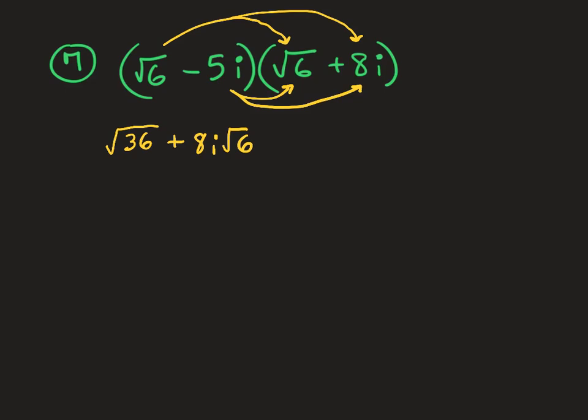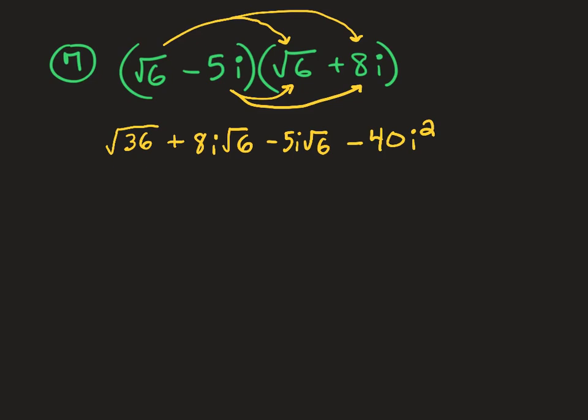Then in the middle, negative 5i times square root of 6 is going to be negative 5i square root of 6, just butting them up against each other. And then lastly, negative 5i times positive 8i is going to be negative 40 i squared.